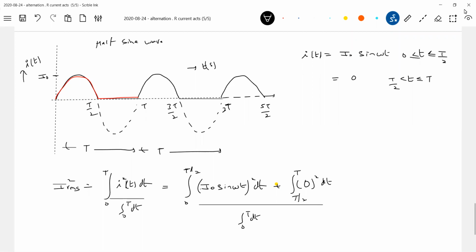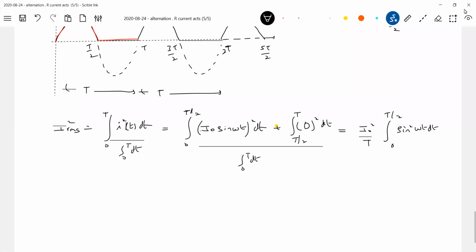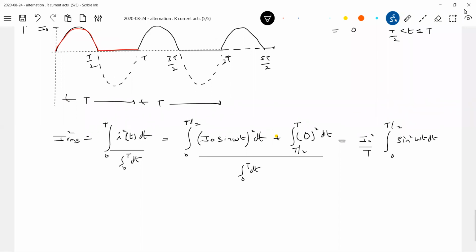Okay, let's go for the calculation. So this will be I naught square by T, sine square omega t, 0 to T by 2. This will be 1 minus cos 2 omega t by 2. I'll bring the 2 outside here.